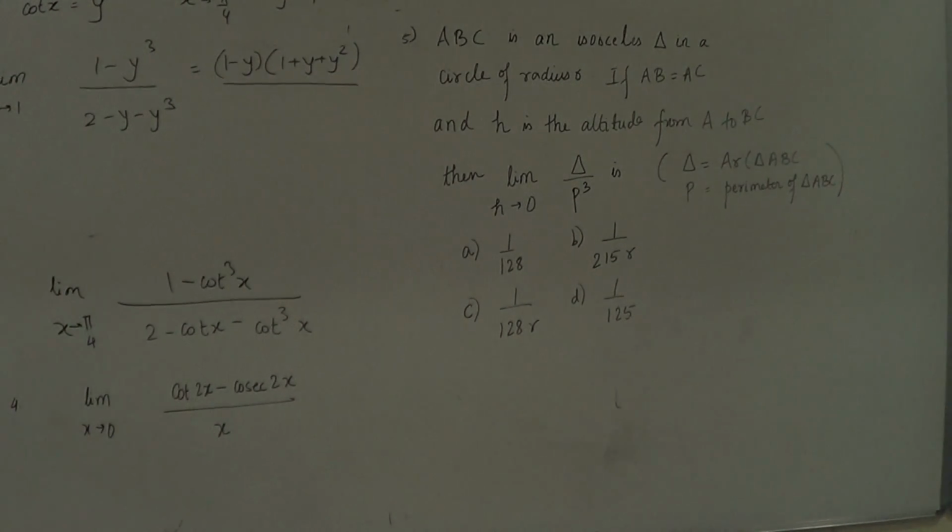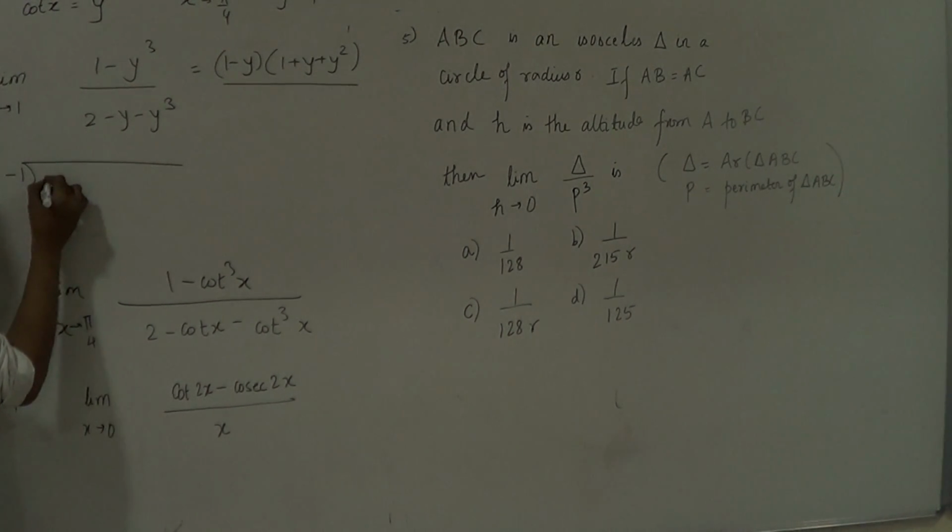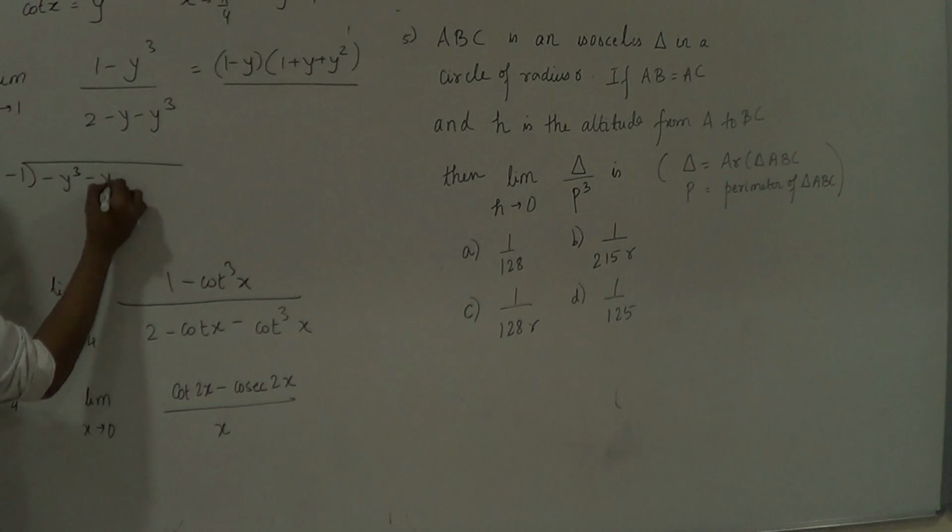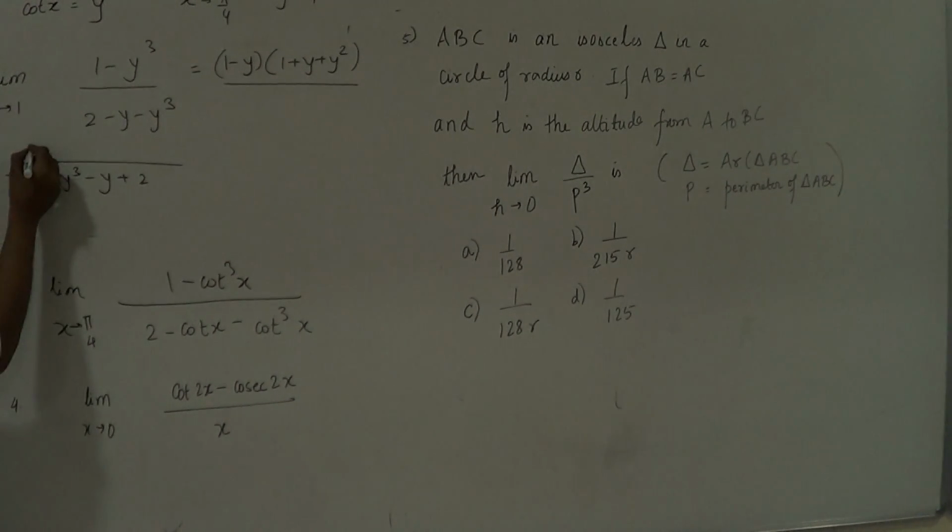What happens in the denominator? You know y equal to 1 is going to be a root of this polynomial, correct? So what are the other factors? Can you find it out? Just divide it. Minus 1.